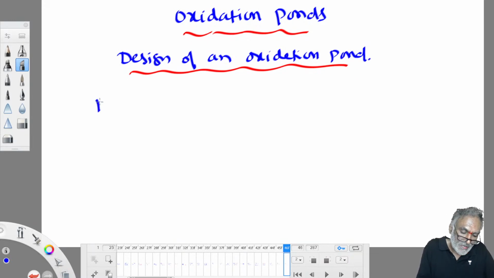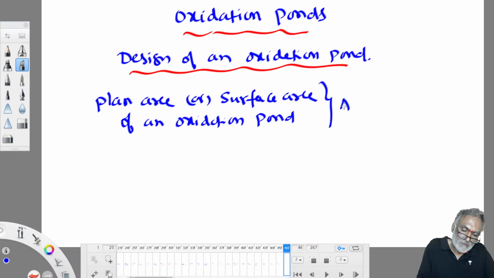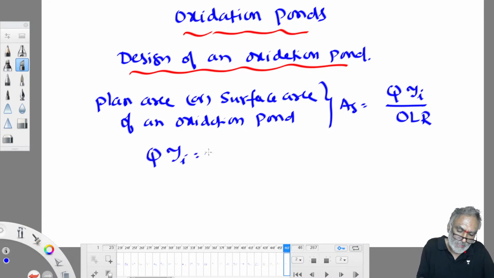So plan area or surface area of the oxidation pond is equal to Q into Y by organic loading rate applied to the pond or BOD loading rate applied to the pond. So Q into Yi is nothing but total BOD applied to the pond.